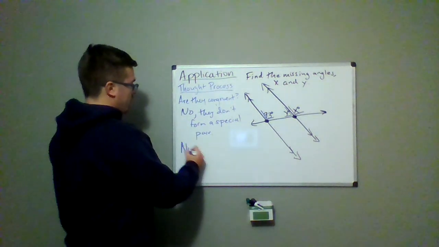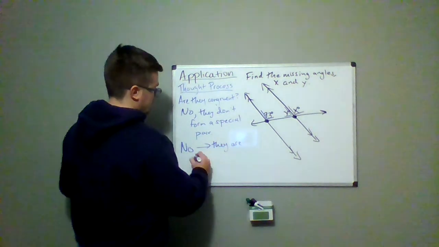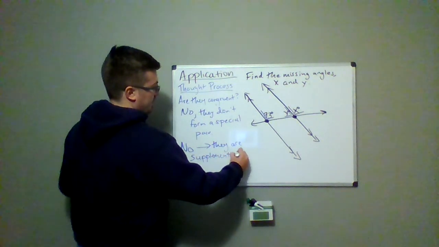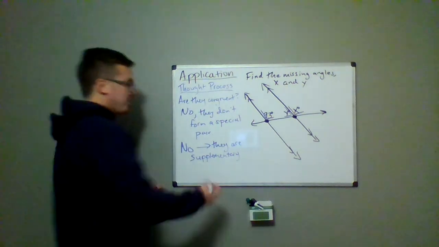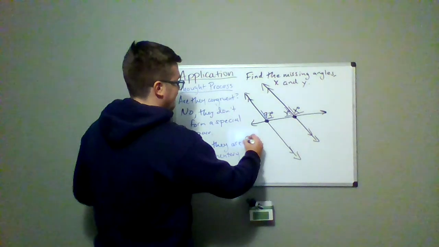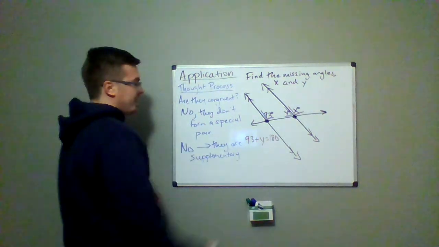So we said no, which means they are supplementary. And just like we did in that last problem, if they're supplementary, that means we can add them up and set it equal to 180. 93 plus y equals 180.